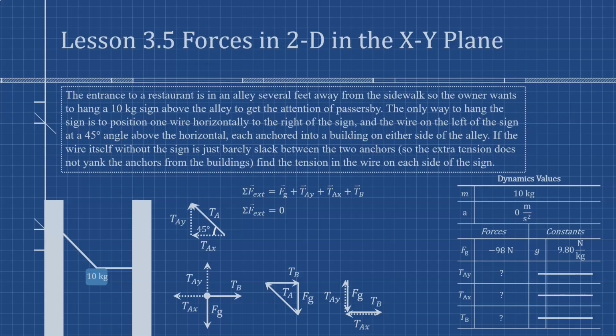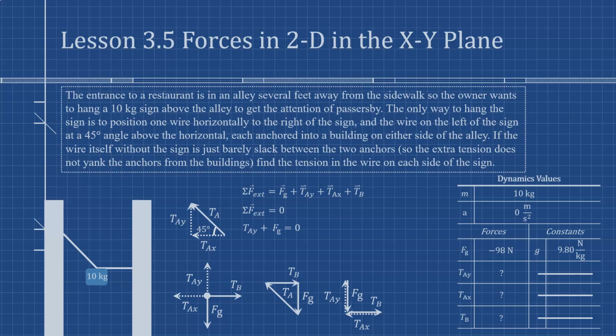Okay, so I do know the weight of this sign, though, and if I look at my free body diagram and my vector addition, it helps me to realize that I do know something else about this problem. I know that in the y dimension, the y component of the tension plus the gravitation is 0.